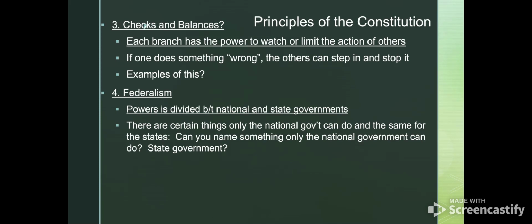It's because the state of Kansas has a law, I believe, that you have to be in school from ages 6 to 16. The national government has certain powers that only it can do. The state government has powers that only it can do. And then in the middle, there's shared powers, which means both the national and the state governments can do those things.